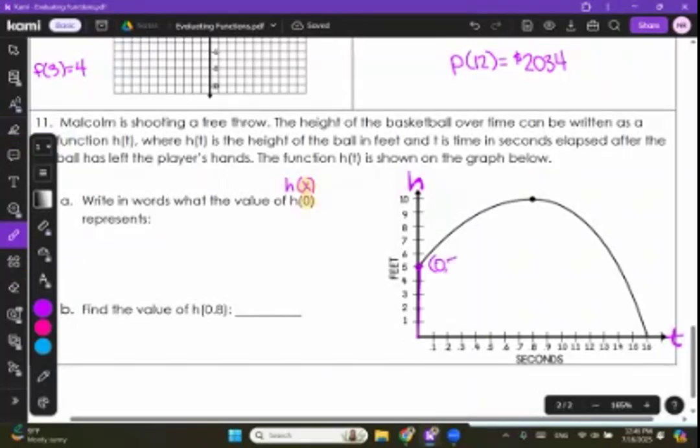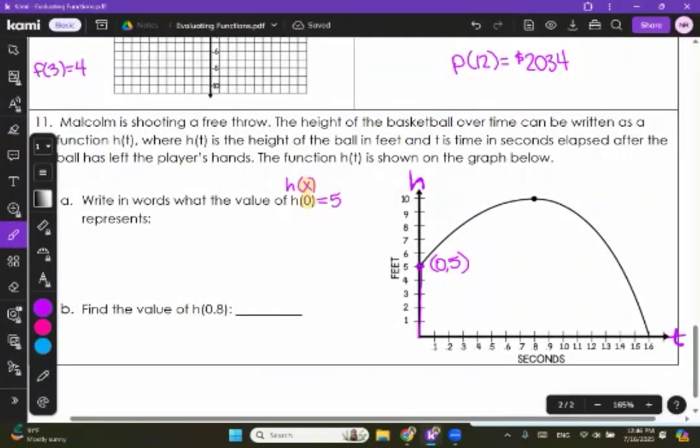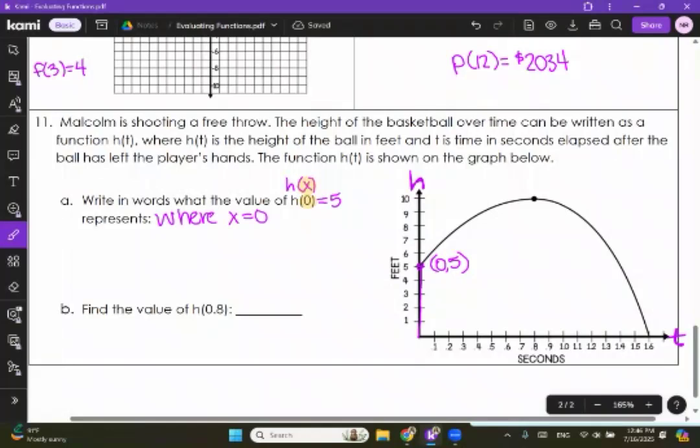It's 5. H of 0 is 5. Okay. So where the x value is 0, what are we doing? We are shooting a free throw, the starting point of the free throw.